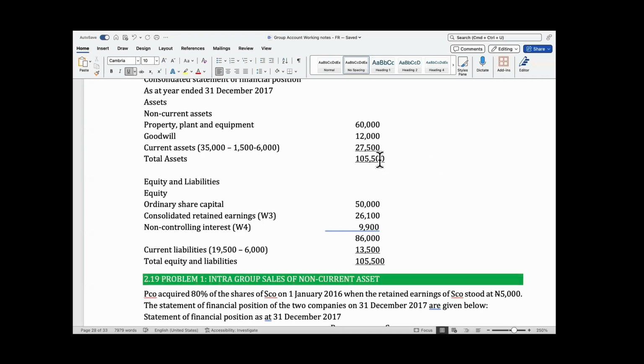So our final answer will change. This is 60,000, 4,000. 99,500.